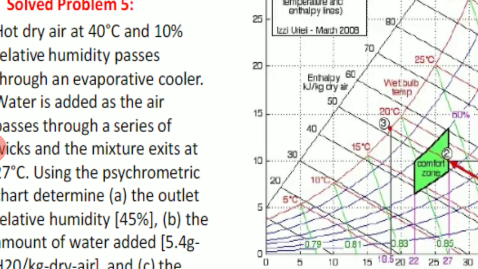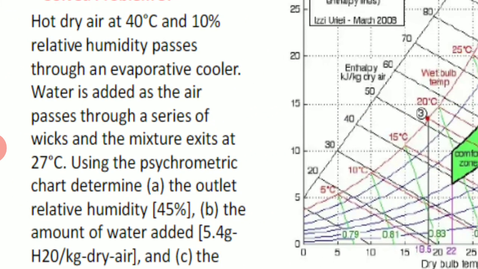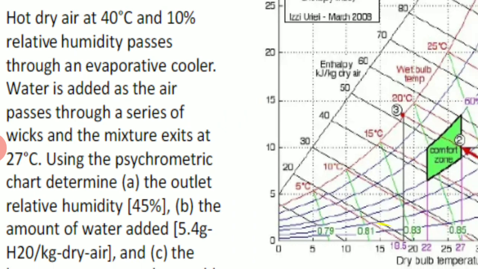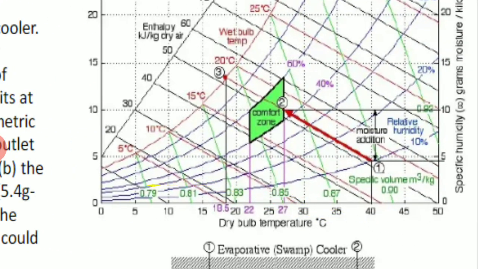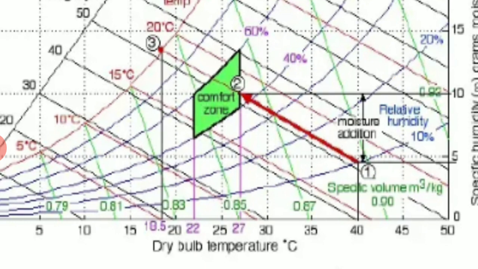When the air at 40 degrees Celsius passes through a wick, the mixture exits at 27 degrees Celsius. So the first point is 40 degrees Celsius and 10% relative humidity, mark as point 1. Then the second point, on the x-axis, is 27 degrees Celsius, so mark 27 degrees Celsius.